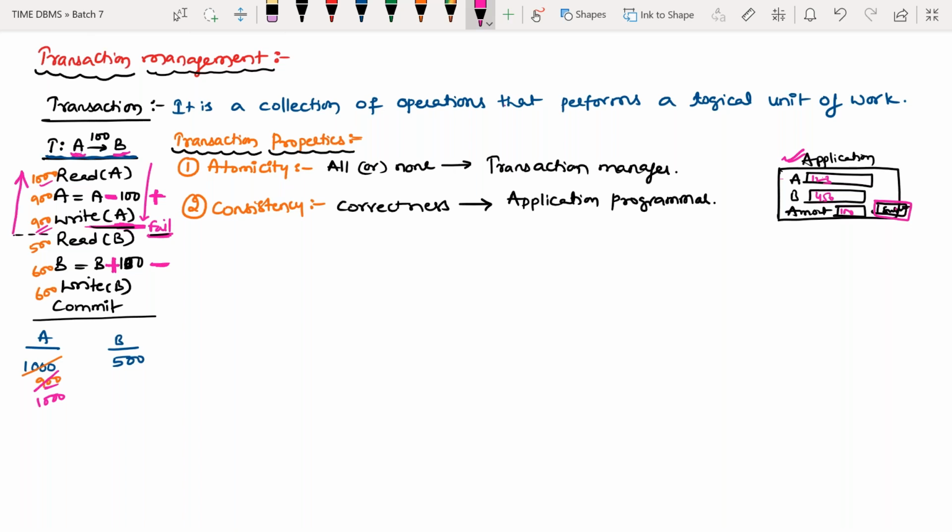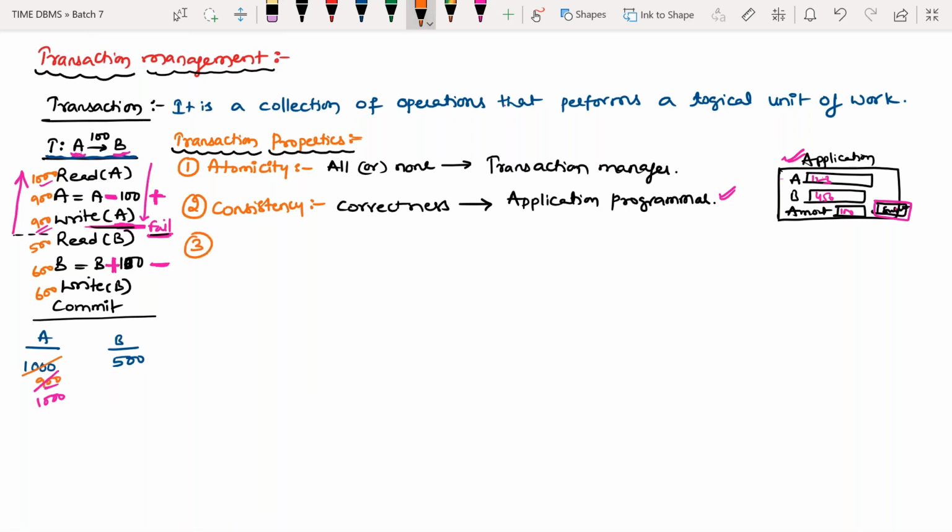Because the program was coded wrongly, the money comes from your friend's account to your account. The system cannot identify this. That's why such errors are to be identified by whom? The application programmer.